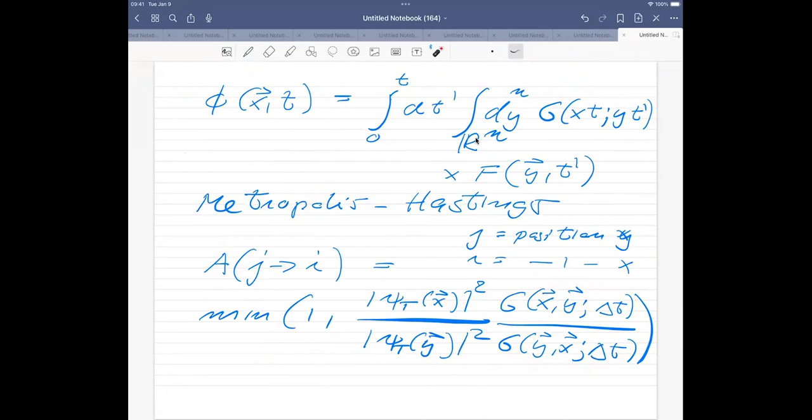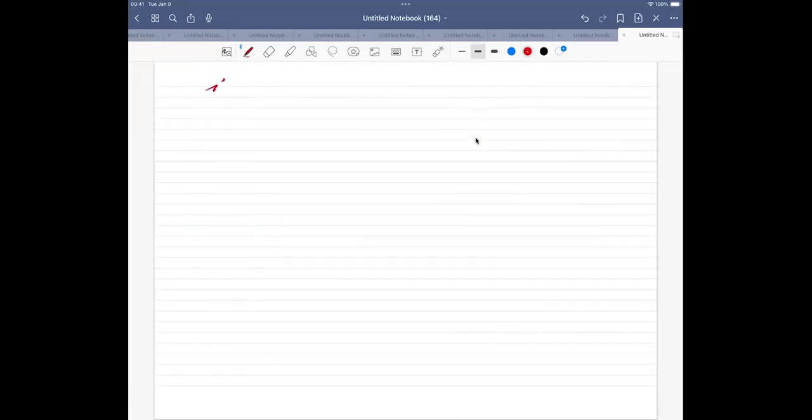And that's where the Fokker-Planck equation comes into play. So here now, this ratio is equal to 1 if g of x, y, delta t is just the solution to the diffusion equation.